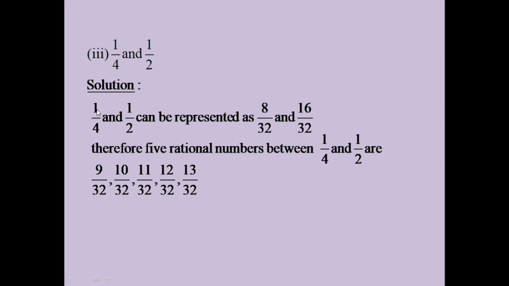But where in this case 2 by 8 and 4 by 8, we won't be able to get any 5 rational numbers between those two numbers. In the same way, we multiply with different numbers and only write the numbers where we get at least 5 rational numbers between those two numbers. That is the reason I have been multiplying the given rational numbers with only particular numbers.